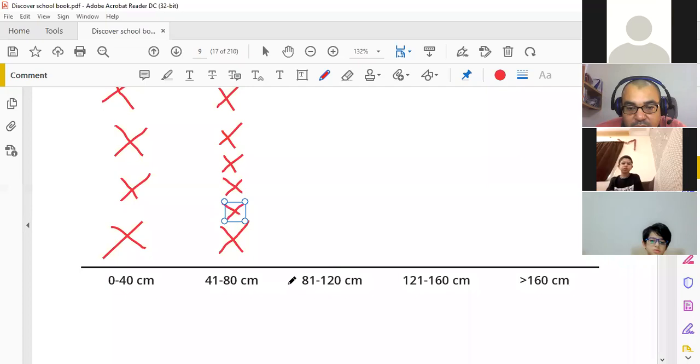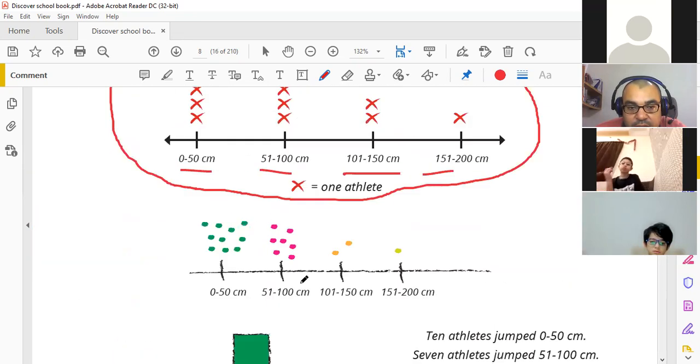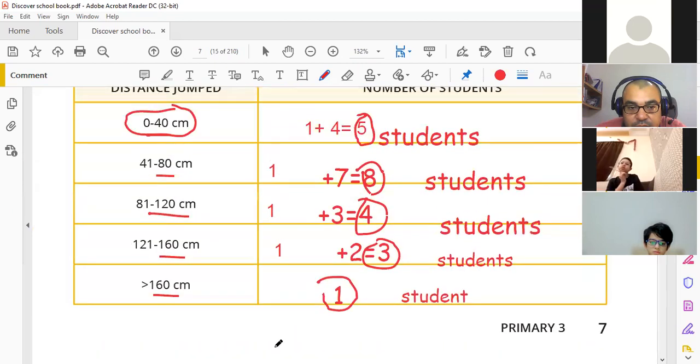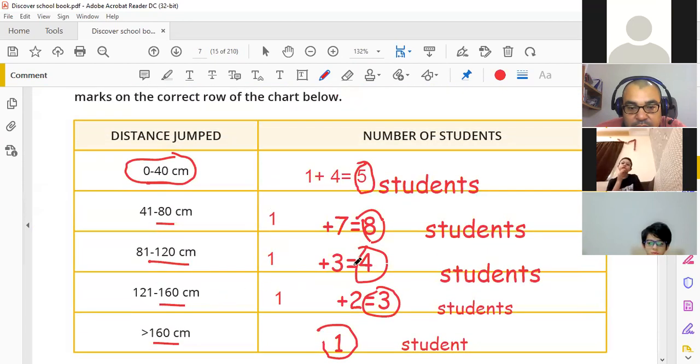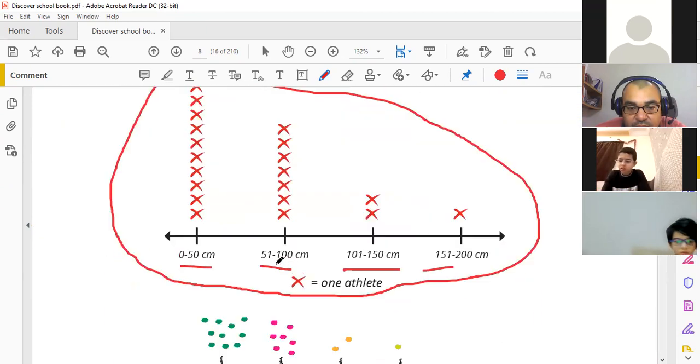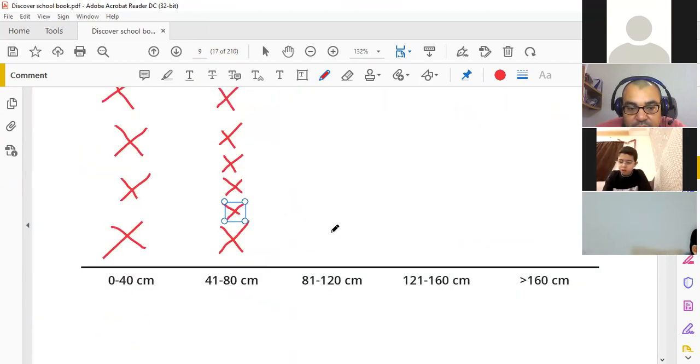Now we need the number of the students that can jump from 81 centimeters to 120. We go back to the table again and see the number. How many students? 4. So we go back to the graph and draw 4 marks. 1, 2, 3, 4.